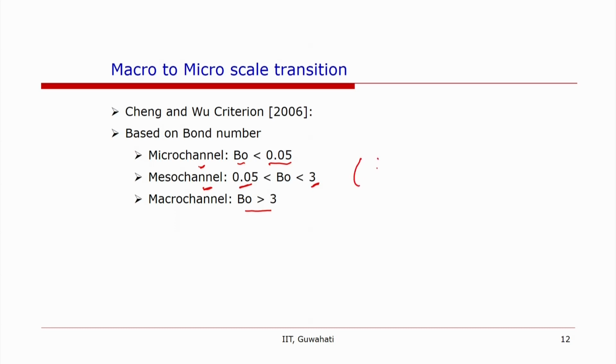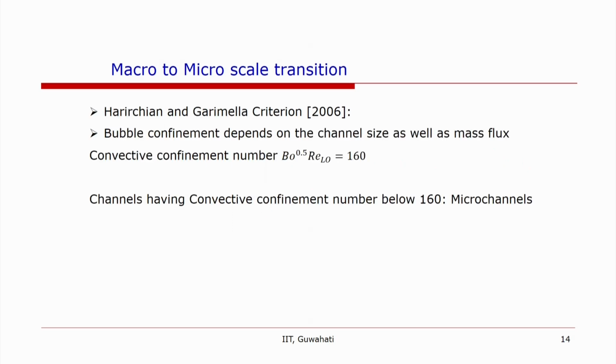So if we look at Koo and Cornwell, they had bond number less than 4 for the microscale effects to assume importance. Now another criteria has been suggested by Harirchian and Garimella.